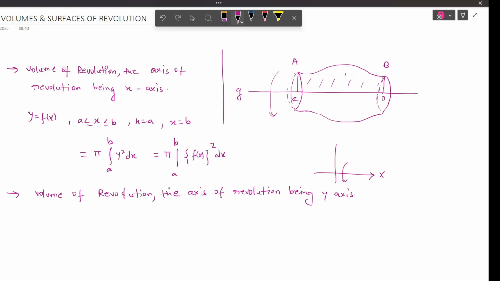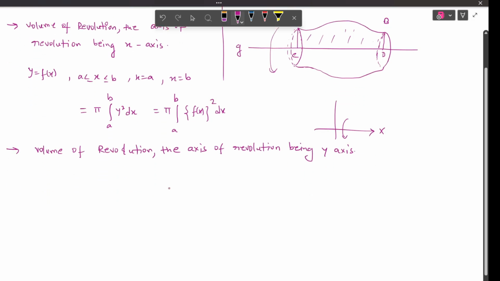And here let us say our region is R, that is enclosed by the curve of a continuous function. Let us say this is x equals phi of y, and here y is from c to d.